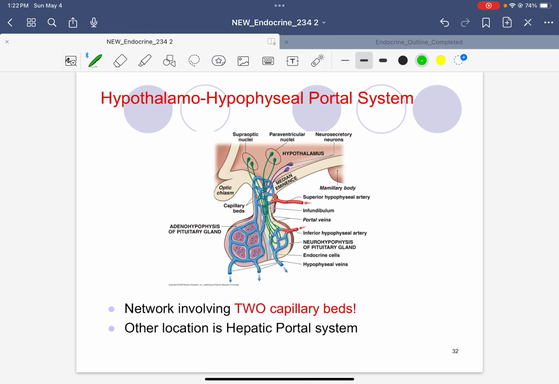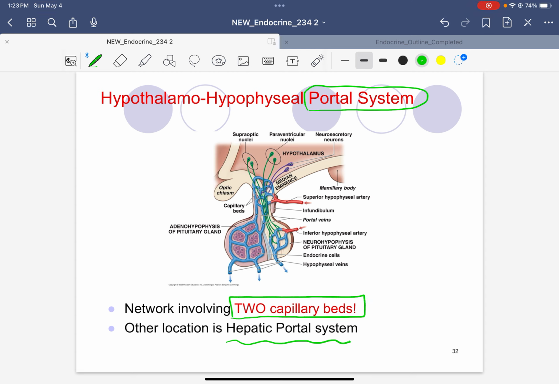There is a portal system. You don't have to know the specifics, but we talked about this earlier. We had a portal system in the liver. I just want to remind you, what is a portal system? A network of two capillary beds.